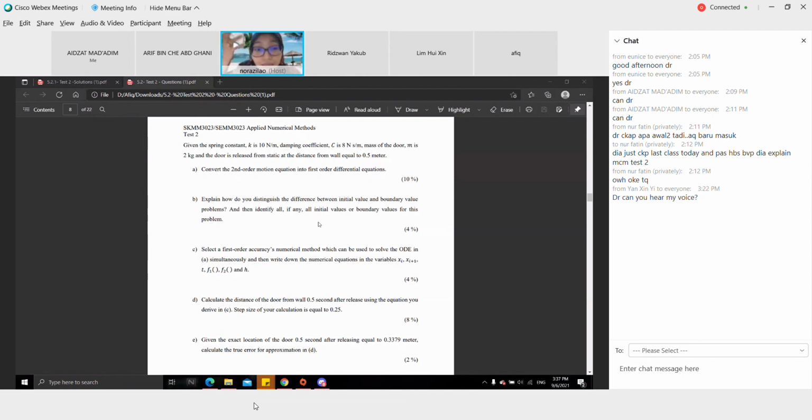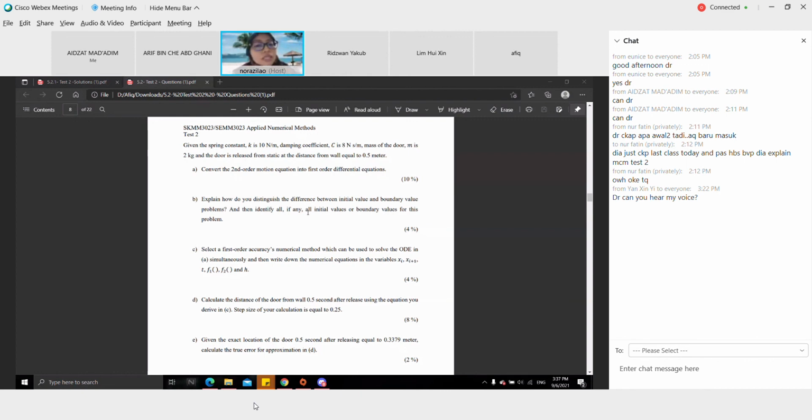Y berapa dalam kes ni? Dia bagi ke? Katalah you buat dia kosong lah sebab you confident this is a boundary value kan. So you buat kosong. Lepas tu x equal to 0.5. Satu tadi pun dekat fix juga, yang satu ni pun dekat fix juga. So y dia berapa? Kosong juga.